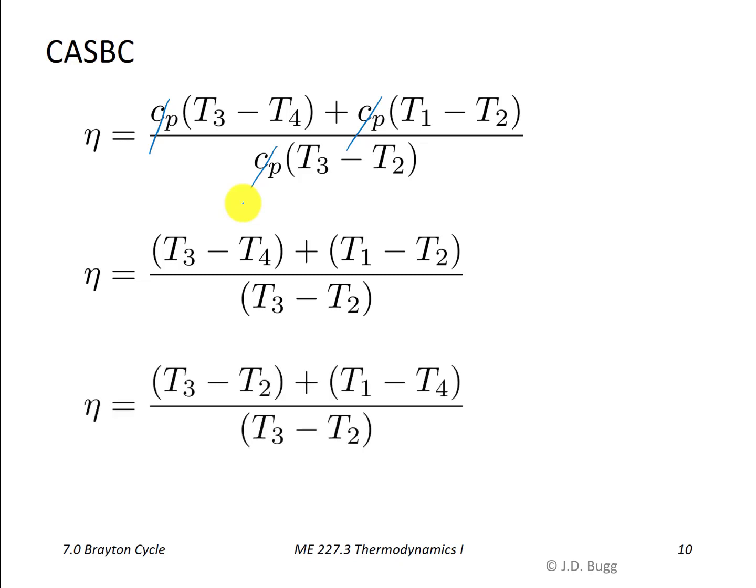First thing I'm going to do is just rearrange temperatures in the numerator. So all that I've done here is taken T4 and T2 and they've traded places. So it's still exactly the same value on the top, just T4 and T2 have traded places. Now realize that that makes these two terms the same when we do that.